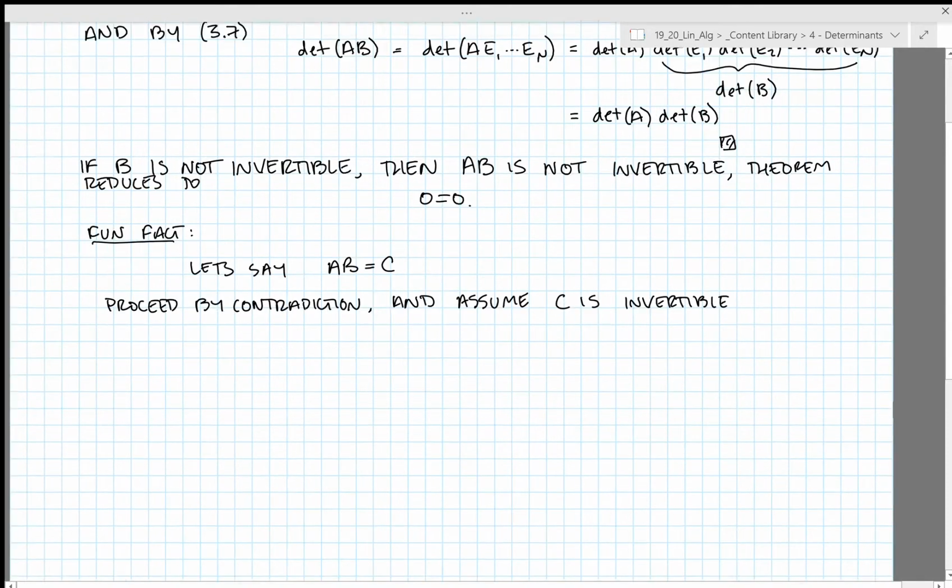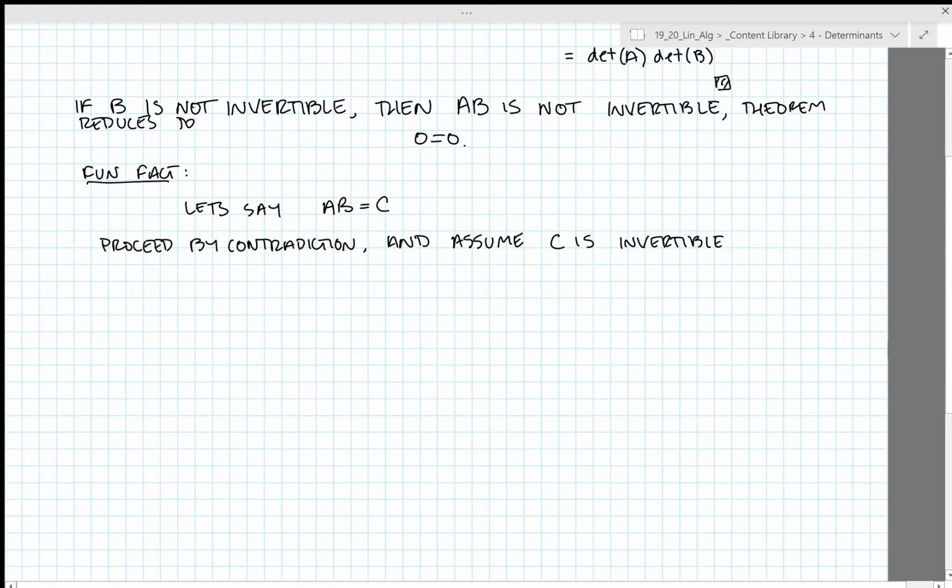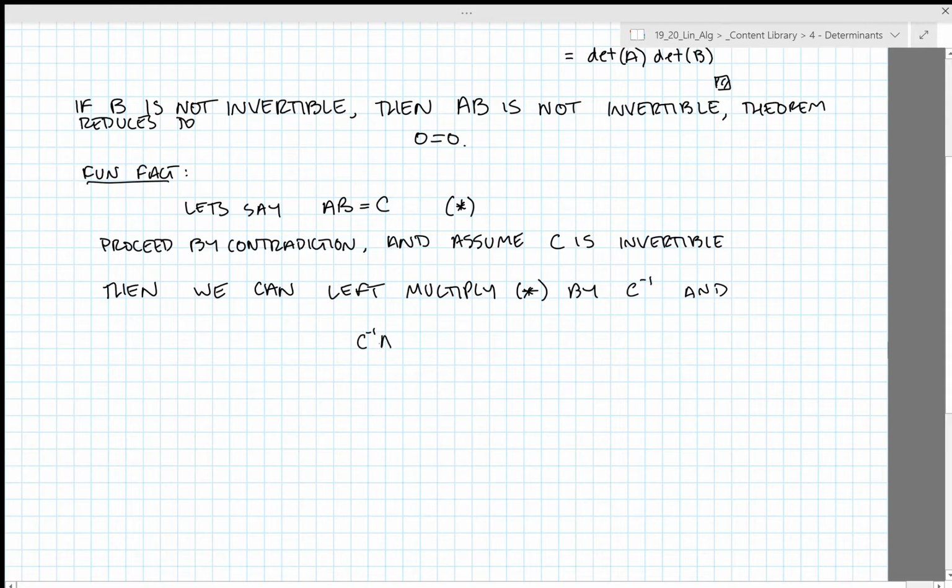Okay, then we can left multiply this equation, call it star, by C inverse, and well, then I've got C inverse AB equals C inverse C, right?